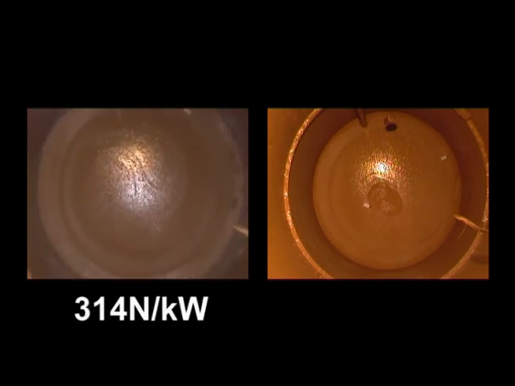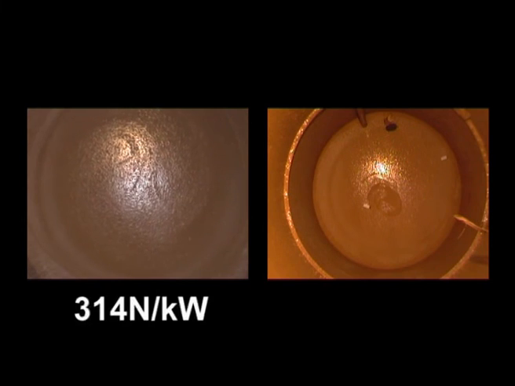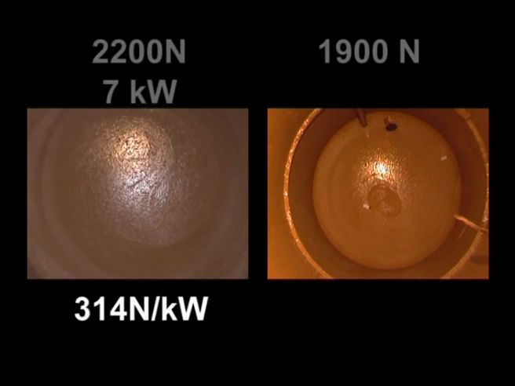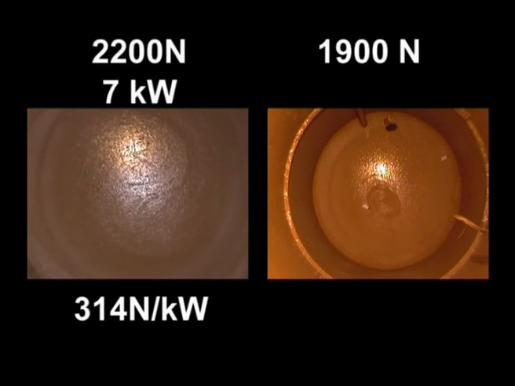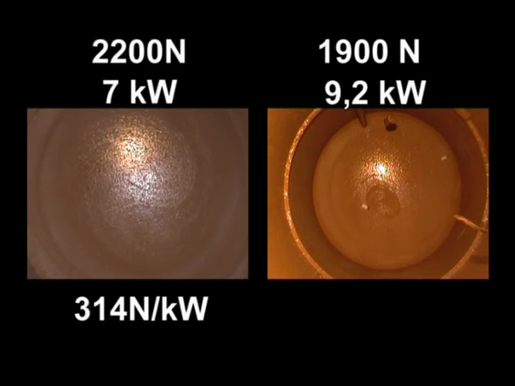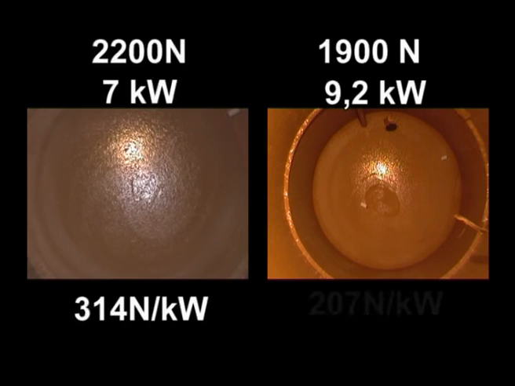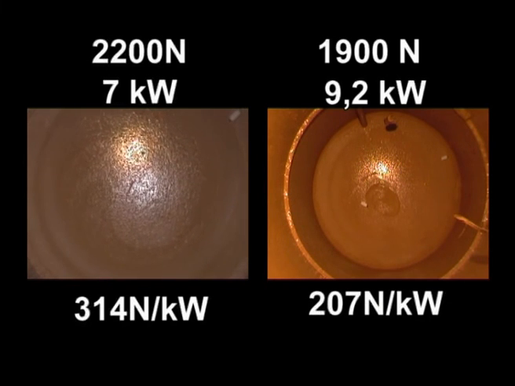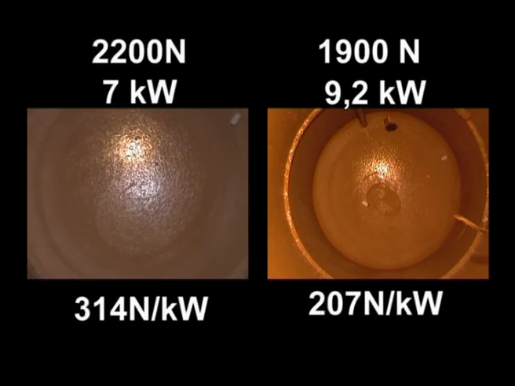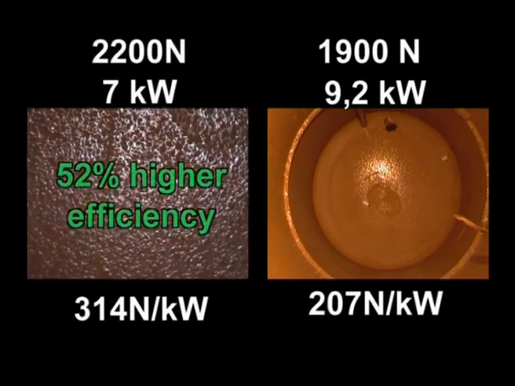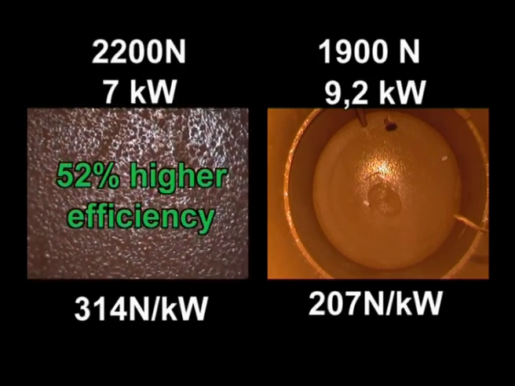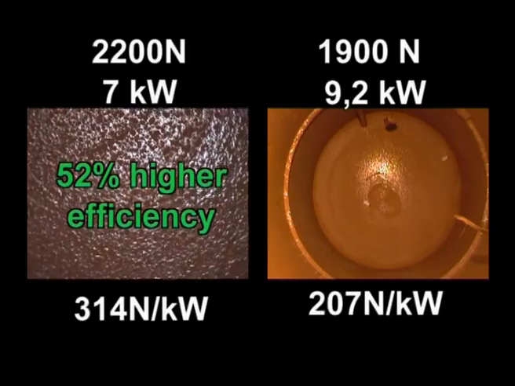This should be compared with the competitor agitator, which produced a thrust of 1,900 newtons using 9.2 kilowatts, resulting in a thrust power ratio of 207 newtons per kilowatt. The result is that the Flygt mixer has a 52% higher efficiency than the competitor in this application.